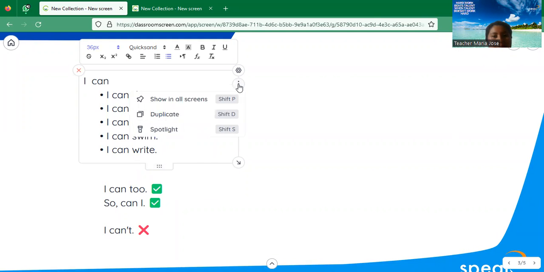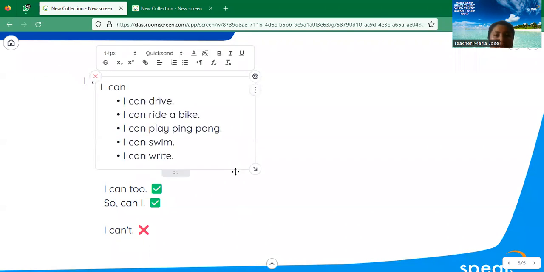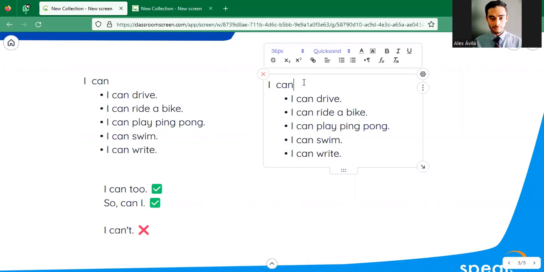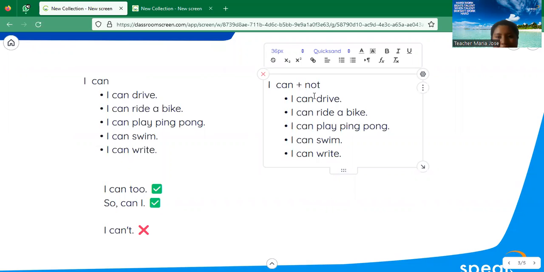Now, with the same idea, but now let's make these sentences negative. How do I do it, Alex? How do I make them negative? I can't. Okay. So I just add the not. Very good.